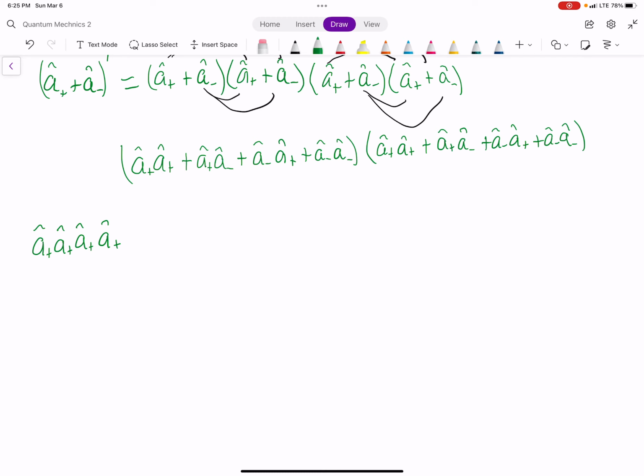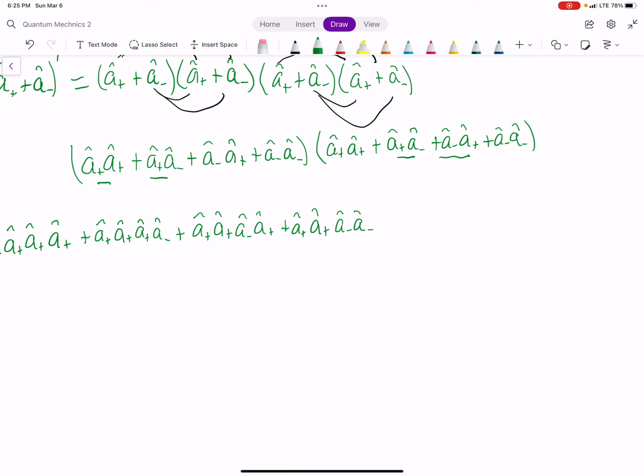And then these two now acting on this, plus a plus, a plus, a plus, a minus, plus, I'm just going to move down to this one, a plus, a plus, a minus, a plus, and lastly, for that section, a plus, a plus, a minus, a minus.